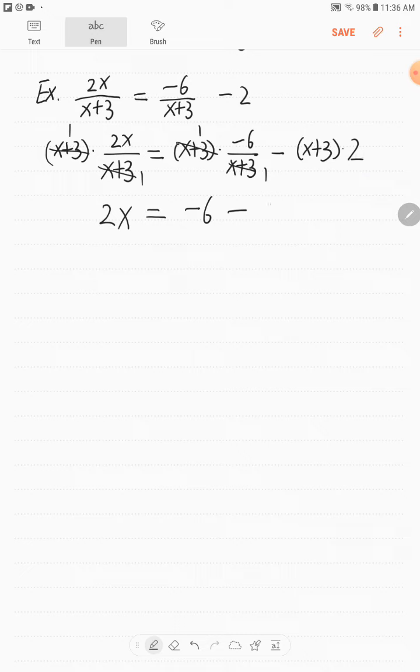So 2 times x equals 2x, and 2 times 3 equals 6, right? But if you write this, that will give you a wrong answer. The reason is, keep in mind here is the negative sign. So we had better add a parenthesis first, right? Then the next thing is we want to get rid of the parenthesis. So you have 2x equals negative 6 minus 2x minus 6.